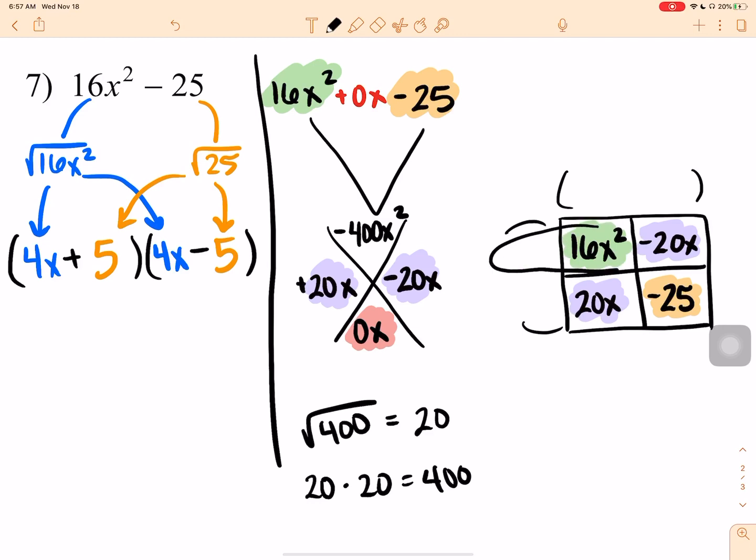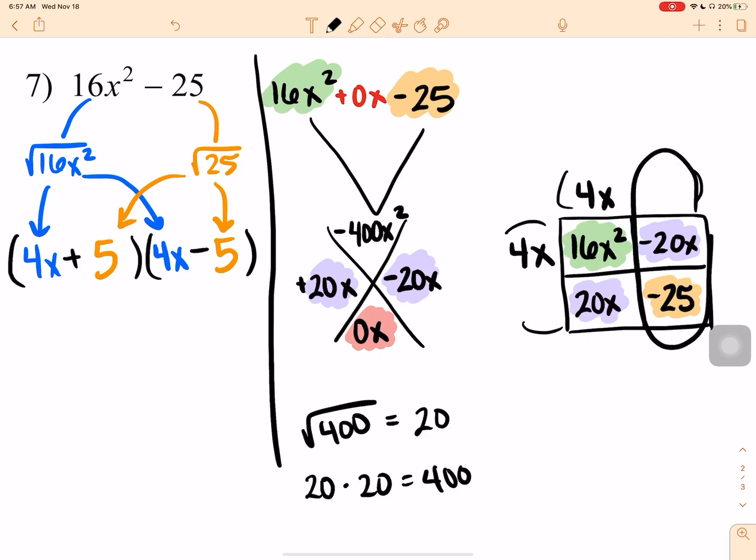So the GCF between 16x squared and negative 20x is going to be 4x. They are both divisible by 4, and that's the highest factor they have in common. In order to get 16x squared here, this also needs to be a 4x. You can also see that the GCF between 16x squared and 20x, once again, is the same as 4x.